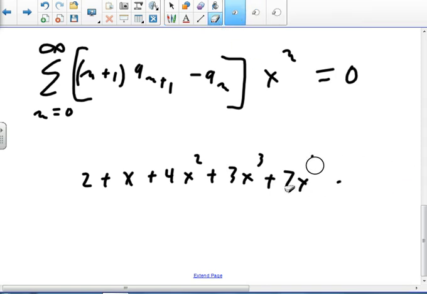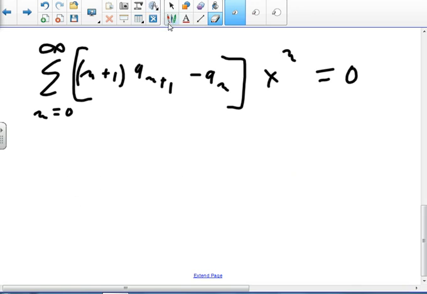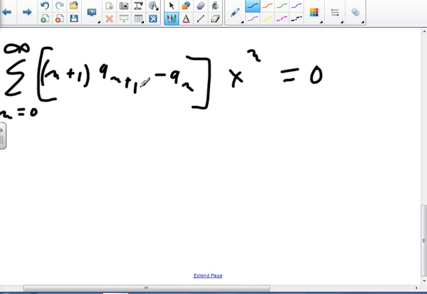So we're going to erase that for a moment, and we're going to consider this guy right here. If each of these terms is linearly independent of each other, because there's a unit term, an x term, an x squared, they can't be multiples of each other. The only way this summation can be 0 is if the coefficient in front of those x terms is 0.